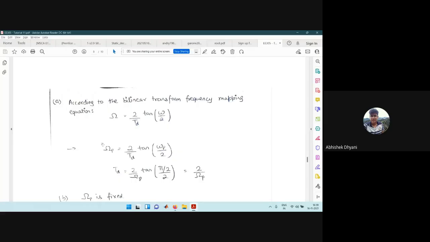This is the continuous time passband frequency, and this is the discrete time passband frequency. So capital omega p is fixed and we have to find out Td. I just make Td the subject. This omega p goes in the denominator, it becomes tan. In the question it was given that small omega p is pi by 2. That would make this pi by 4, and tan pi by 4 is 1. So this just becomes 2 by capital omega p. That's part A.